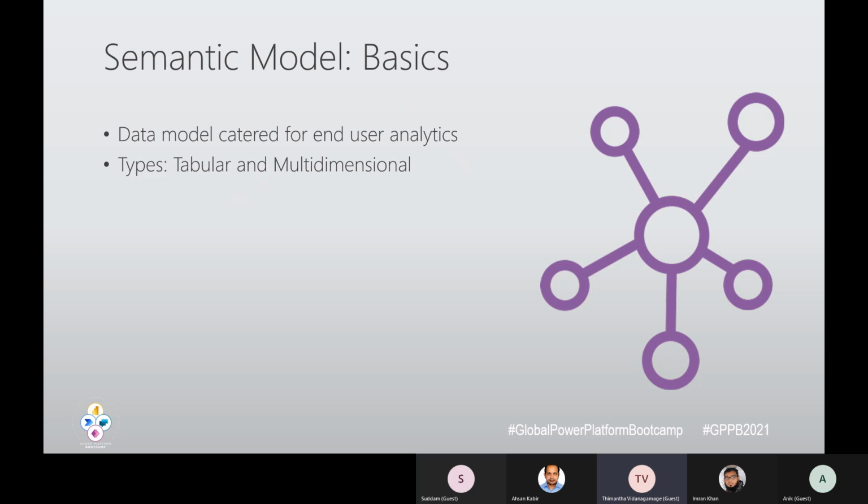Previously it was just multidimensional semantic models, and later on tabular semantic models came up. Tabular semantic models are a lot more compressed compared to multidimensional semantic models. A key thing to note is that you can only develop tabular semantic models with Power BI.